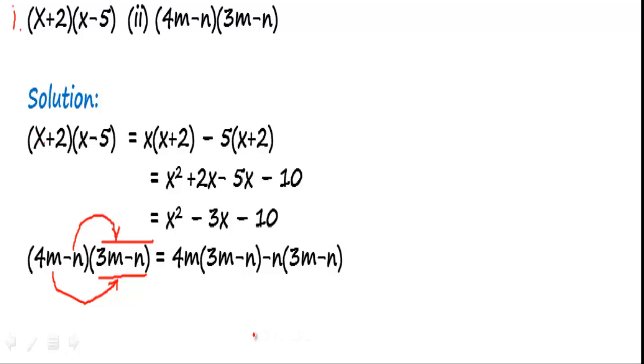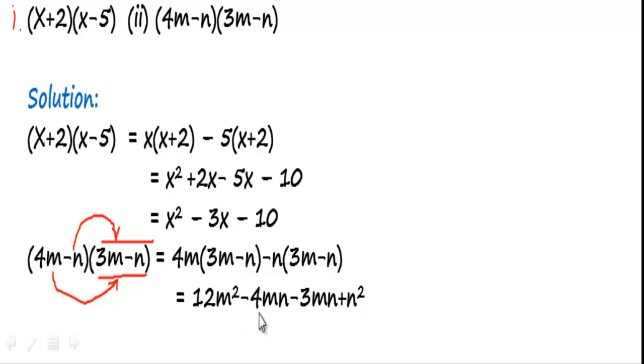Let's move on, which is now going to be 4m times 3m, which is 12m squared, and then 4m times minus n, which is minus 4mn. Then minus n times 3m is minus 3mn, and then minus n times minus n is plus n squared. Are you following now? Now look at the like terms.